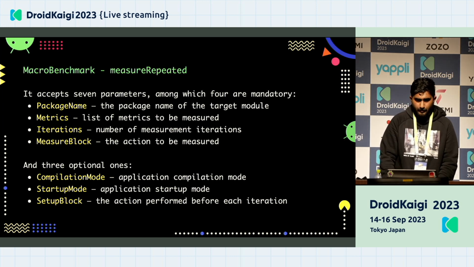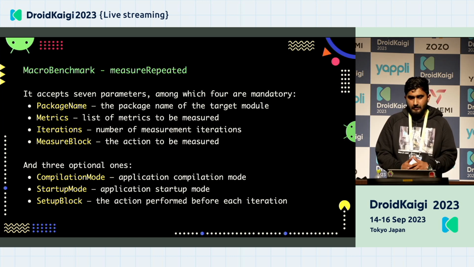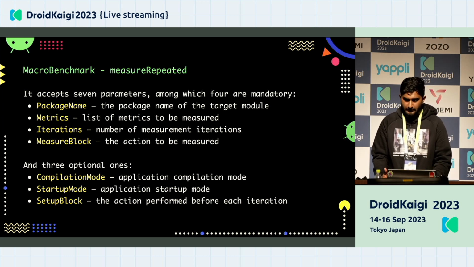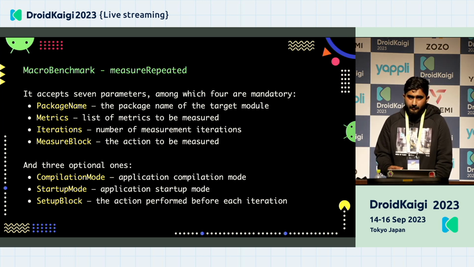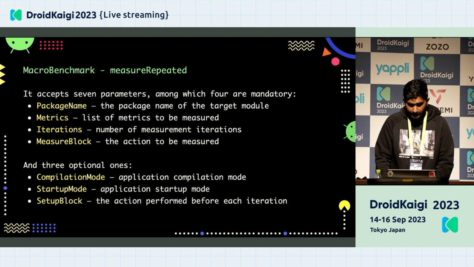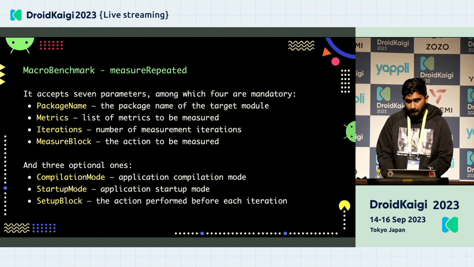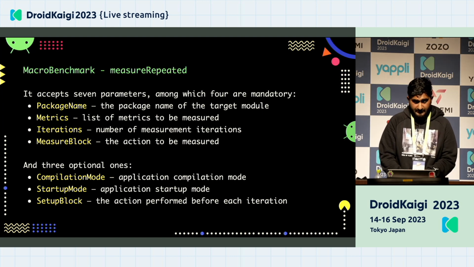Then there are 3 optional ones. Compilation mode, which is the application compilation mode. Namely, what part of the application should be pre-compiled before the measurements are taken, we need to specify. Before each new benchmarking run, the compilation state is reset, so the previous runs do not affect the subsequent ones.